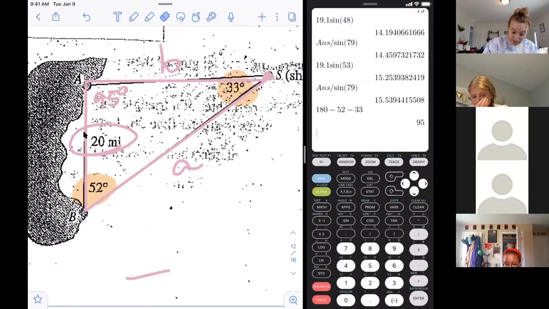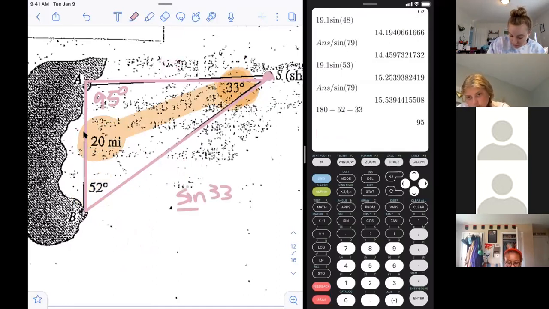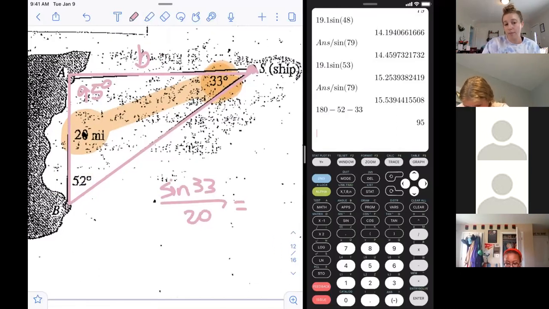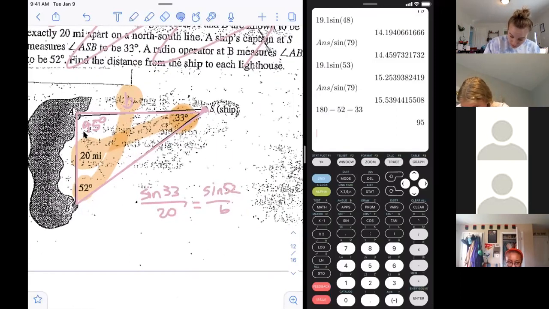And then now I just have some law of sines. The one thing that's given to me, both pieces, I have angle 33, side 20. So I'm going to use that for both of them. I'm going to have sine of 33 over 20. And then I'm going to alternate between finding the distance from the ship to lighthouse A or the ship to lighthouse B. So from the ship to lighthouse A, that's going to be little b, or you can call it x. I don't care what you call it, but just know what you're finding. So that's going to be sine of 52 over b.